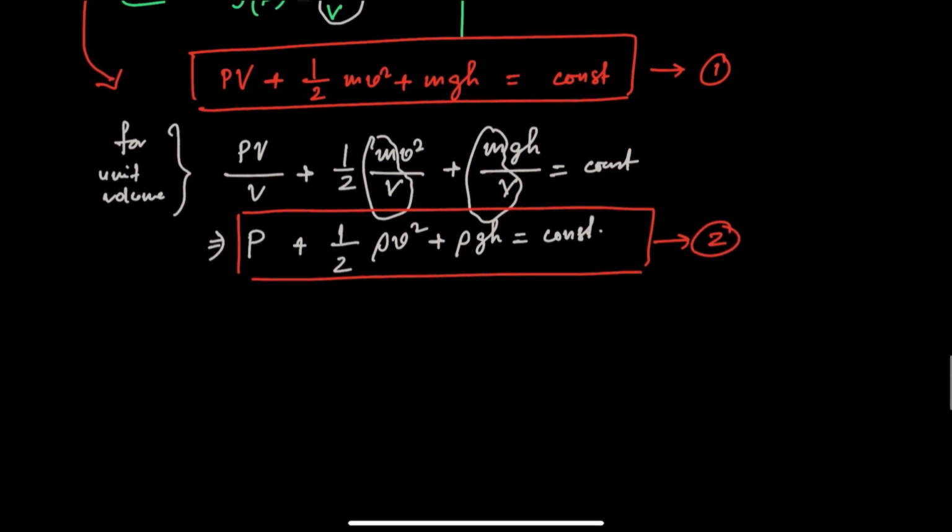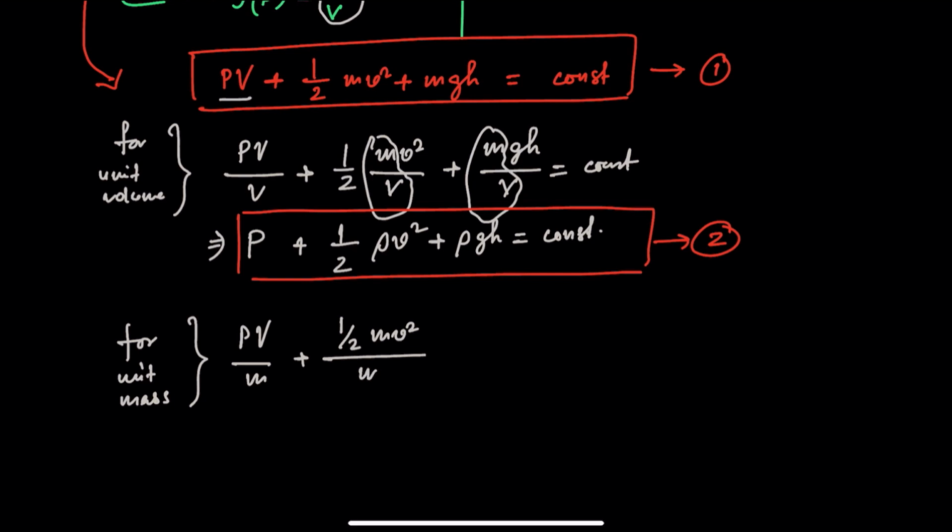Now if we convert this equation where the mass is taken to be unit, in case of unit mass, I divide by small m: PV by m plus half mv square by m plus mgh by m is equal to constant.